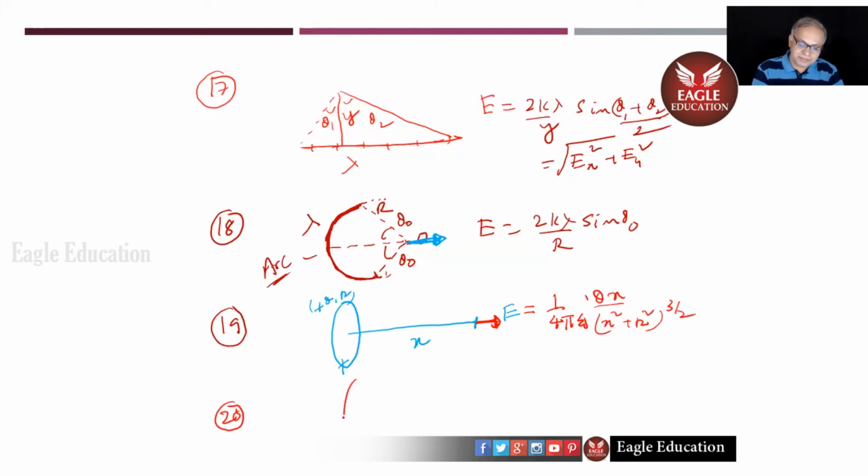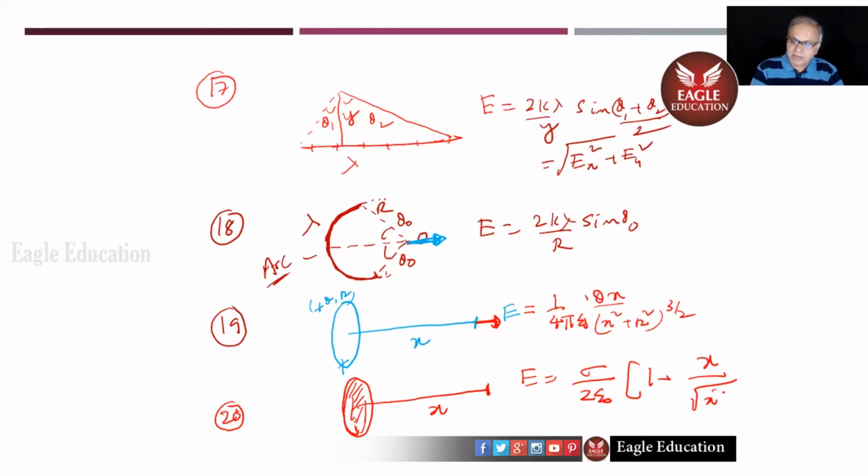20th, disk of charge at a distance x. Tell me this: sigma by 2 epsilon 0, 1 minus... maybe I'm writing wrong. I'm writing from memory. I may be wrong.